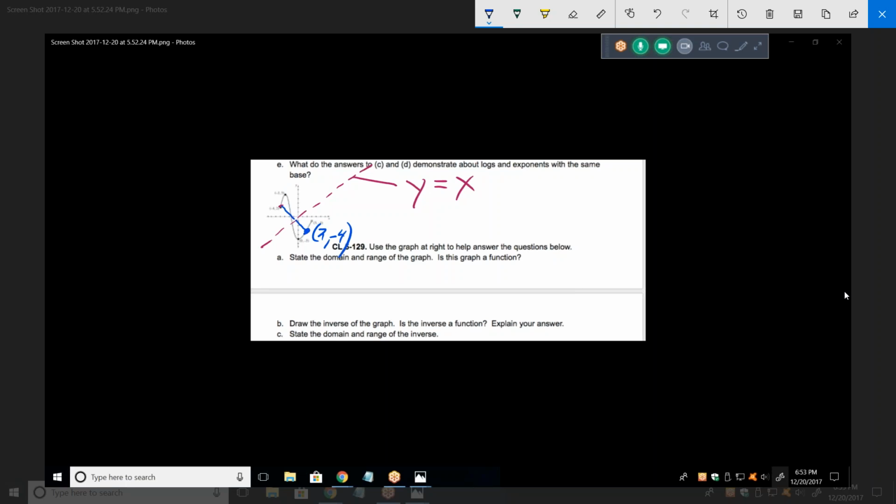That's what you're doing when you reflect that point across that line: you are switching the x and y coordinates. Same thing with that one. In other words, figure out what that distance is, take it perpendicularly to an equivalent distance, put its coordinates on it, do that for all 4 points, and then draw the curve connecting the 4 dots.